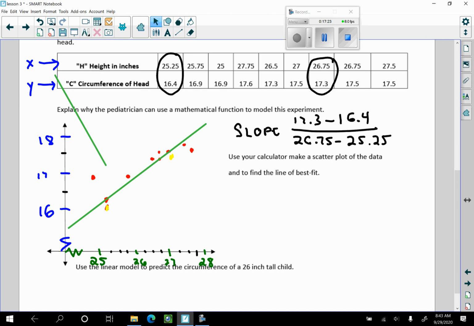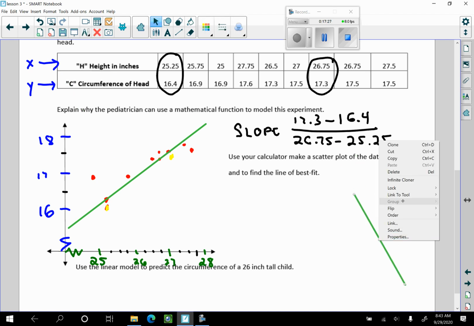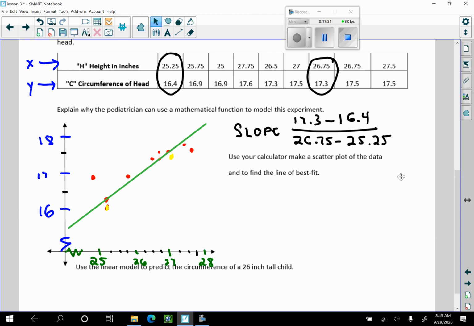Let me get this out of here a minute. It's bothering me. Delete that. Okay. So 17.3 minus 16.4. I think we could use that in our calculator. If not, isn't that 0.9?